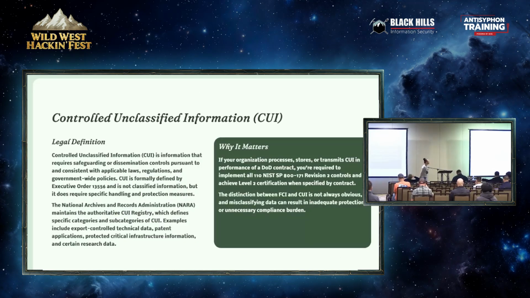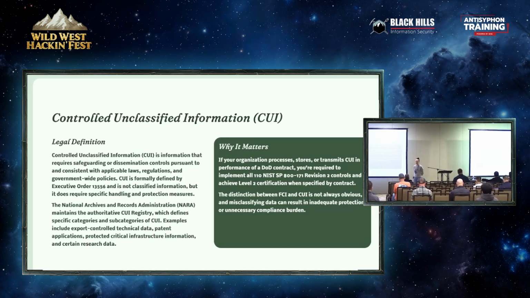CUI. So a little bit more clear to organizations generally when they're processing CUI, because they are in the thick of actually doing the work. The authoritative CUI registry, we'll have a link to this at the back also, if you don't know that, defines specific categories and subcategories of CUI.